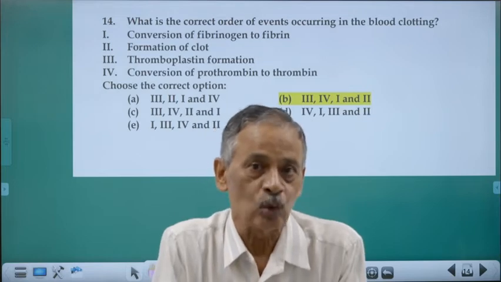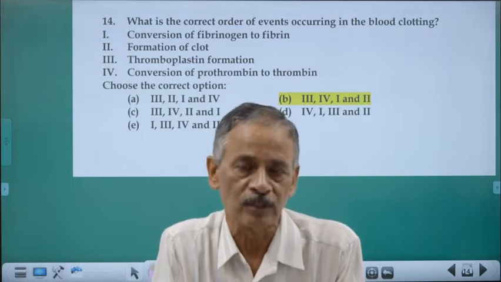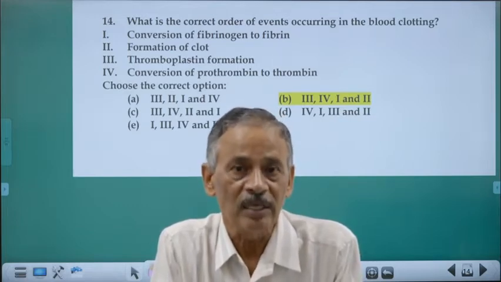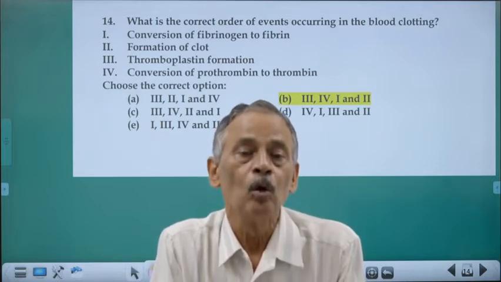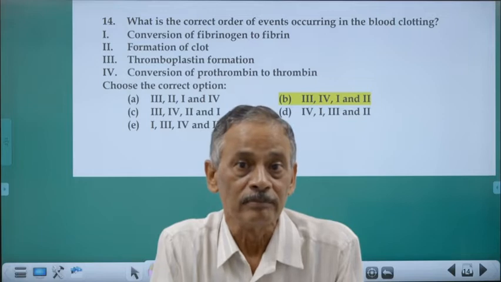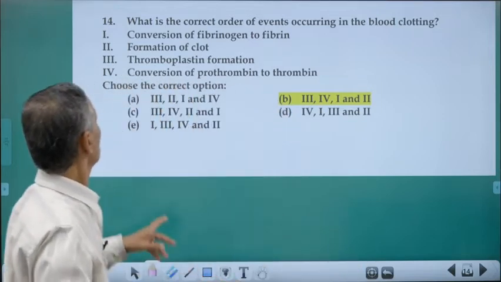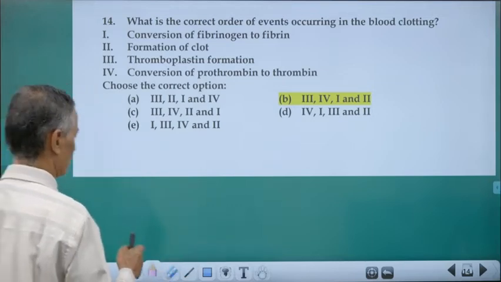Thus, active thromboplastin or thrombokinase is produced. That thrombokinase starts the events. Thrombokinase will act on prothrombin. I will write the events in a very simple form.